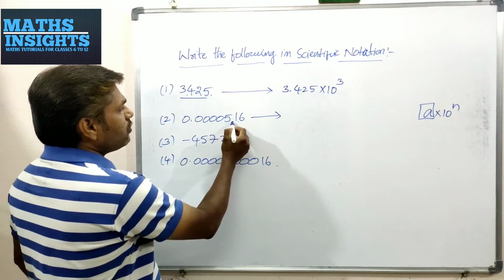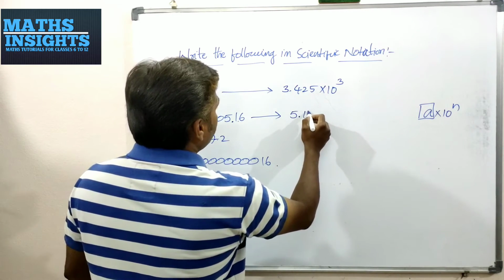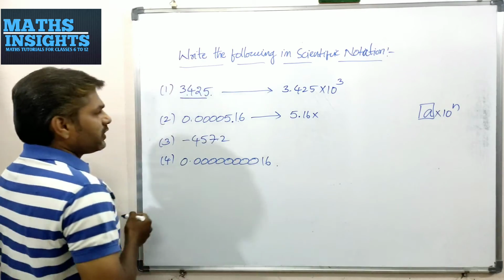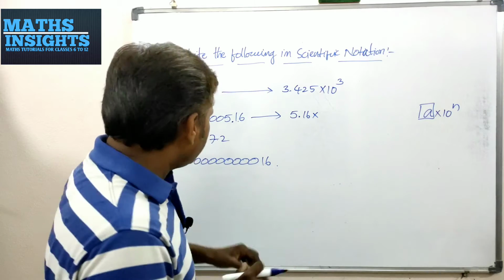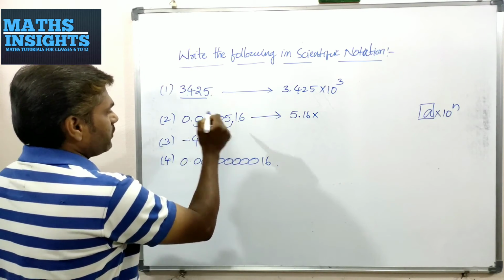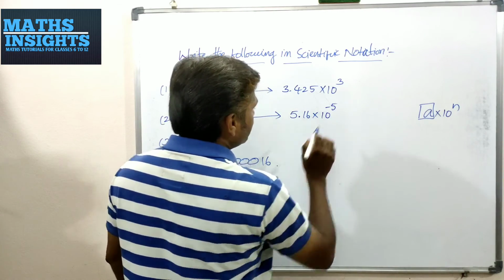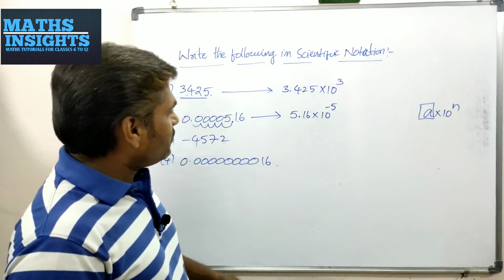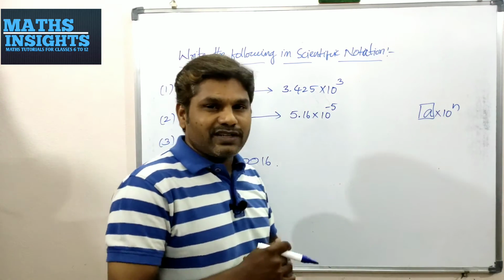So I will move up to this. That means I may write 5.16 into, see how many places I am moving the decimal point towards the right side. From here, 1 place, 2, 3, 4, 5. So I have to multiply this number with 10 power minus 5. Why? Because I am increasing the value of this number, here I have to decrease.